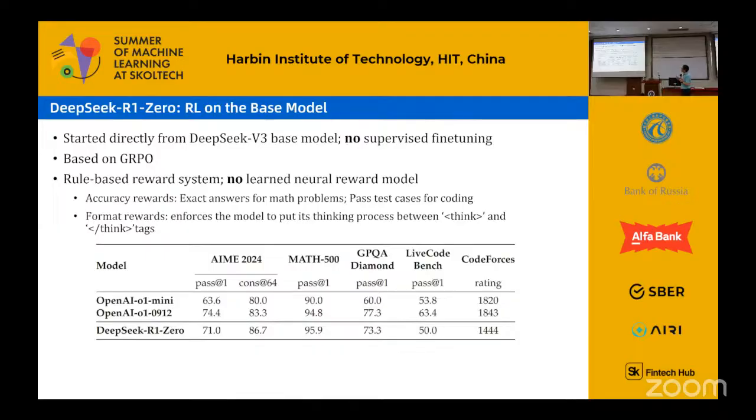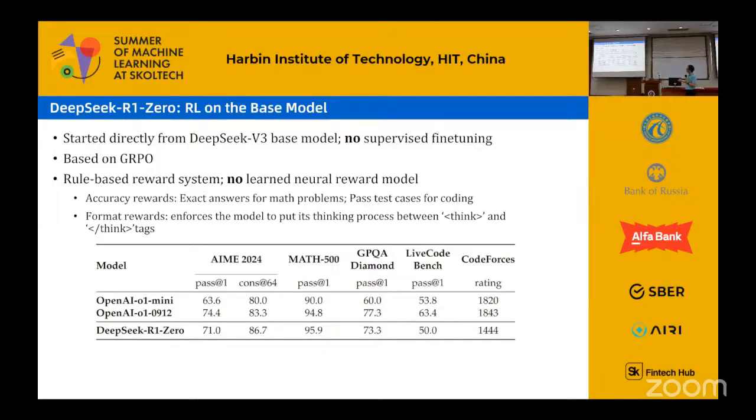So here you can see it's simply from the base. Of course, the base model is very, very powerful, but the base model is not good at reasoning. So simply based on the base model plus RL, it can already perform well for reasoning tasks. You can see here the comparison with OpenAI O1.